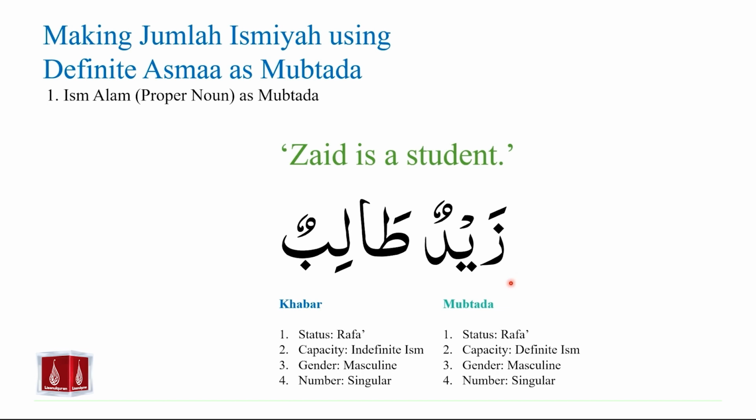Both Zaidun and Talibun have the same number and gender. Zaidun is singular and masculine. Talibun is also singular and masculine. Zaidun meets all the criteria for it to be mubtada. Talibun meets all the criteria to be khabar, and because of that, Zaidun Talibun is an accurate and correct jumla ismia.